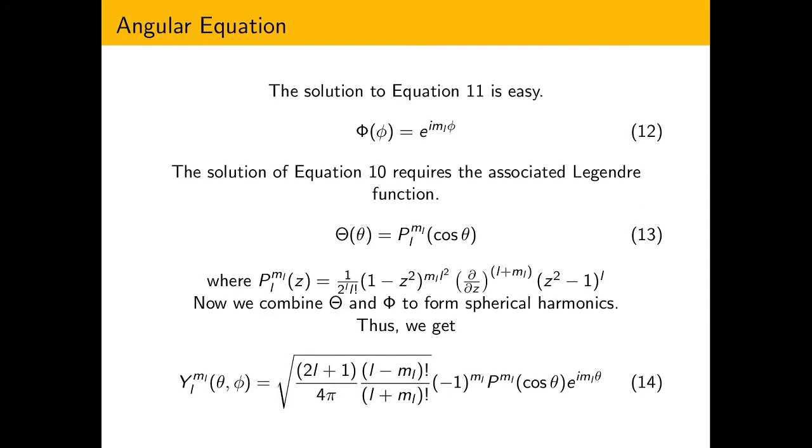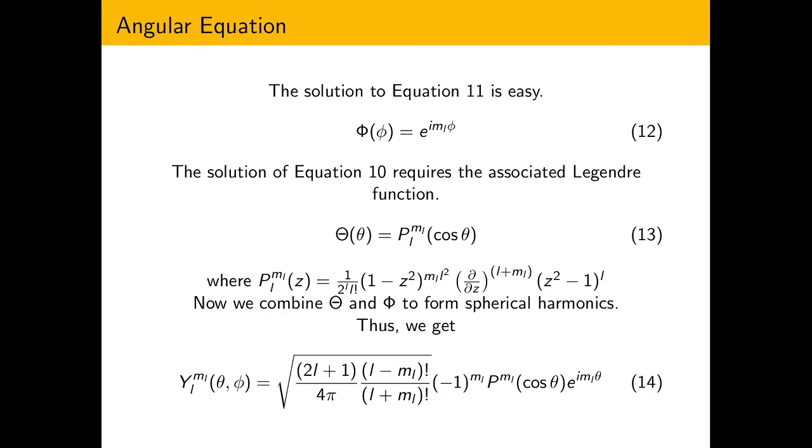Okay, so solution to equation 11 is again easy. So Phi of phi is simply e to the power i mL phi. But the solution to equation 10 is a little bit more complicated than that.